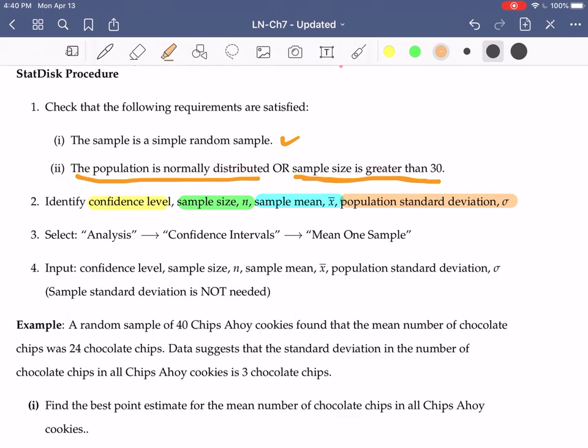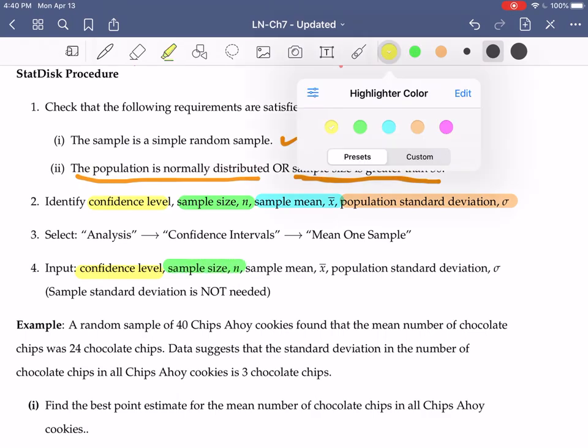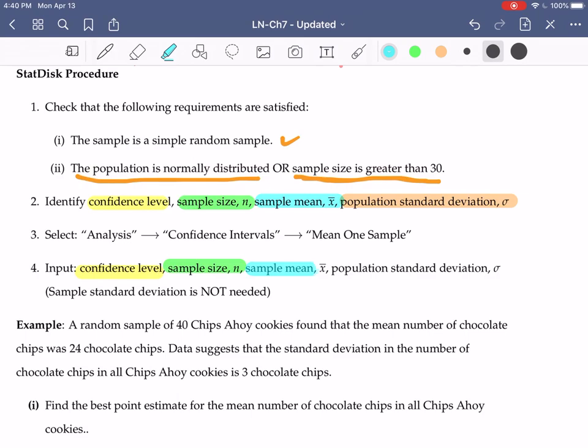We choose Analysis, Confidence Intervals, and then Mean One Sample. And then we input each one of those four items again: the confidence level, the sample size n, the sample mean x bar, and the population standard deviation.